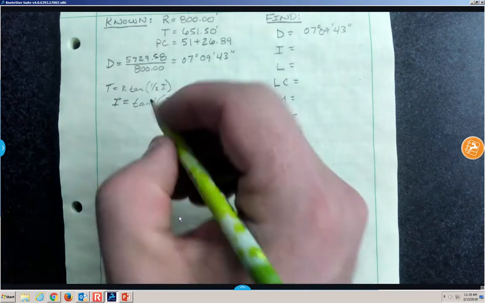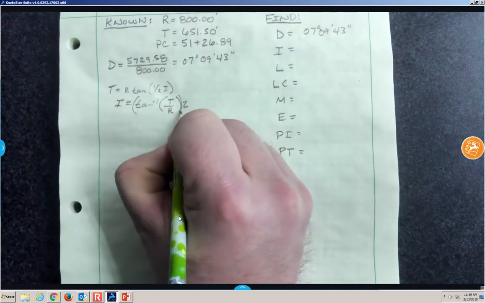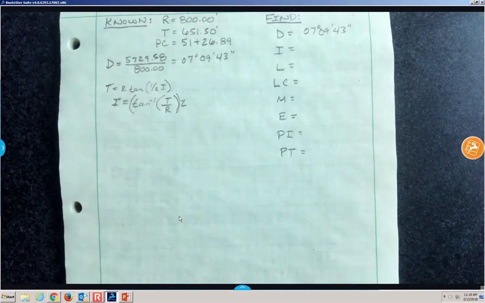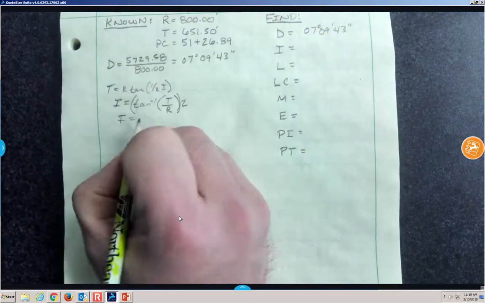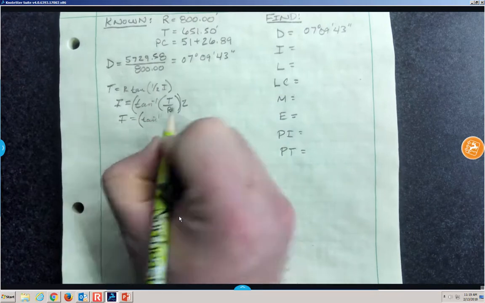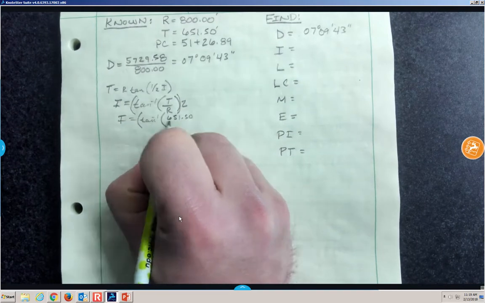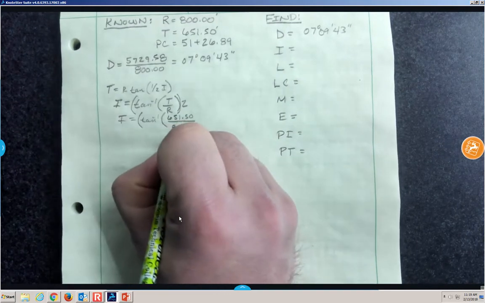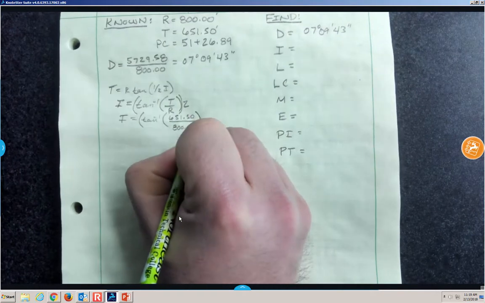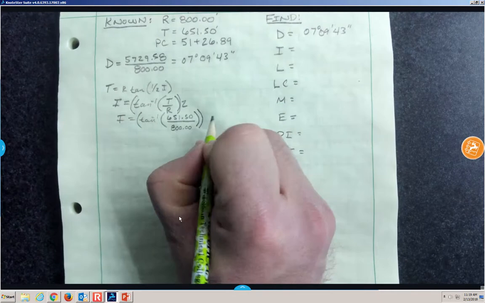Okay, so the whole thing is actually times 2. So the inverse tangent of T over R, and then the whole thing times 2. So I equals inverse tangent of T, 651.50, over R, 800, in brackets, times 2.